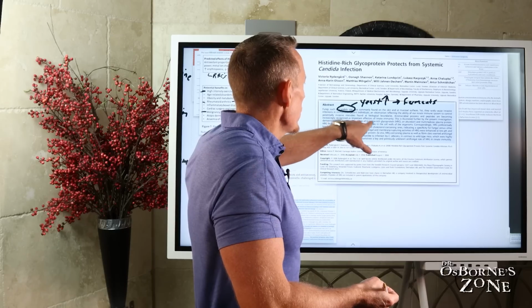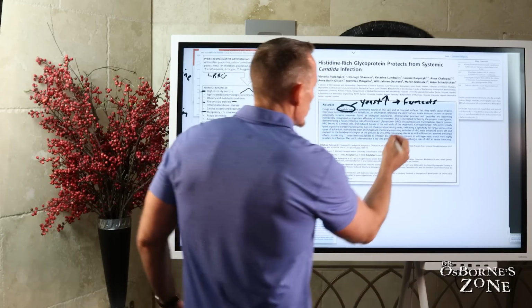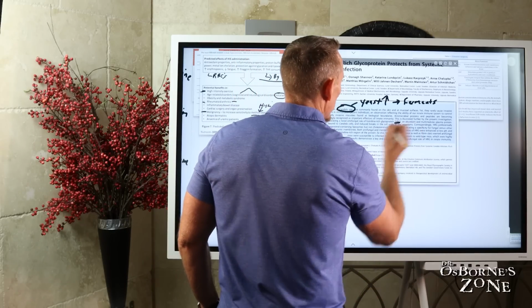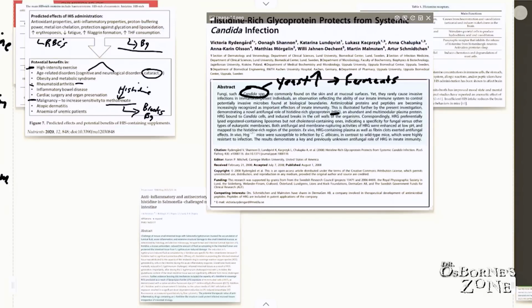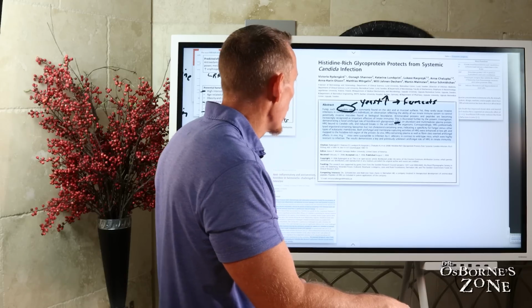There's a histidine-rich glycoprotein, which you see here, HRG. HRG bound to Candida cells and induced breaks in the cell walls of the organism. So that histidine-rich protein basically broke apart the cell membrane around Candida cells, killing them, making it harder for them to thrive and survive.